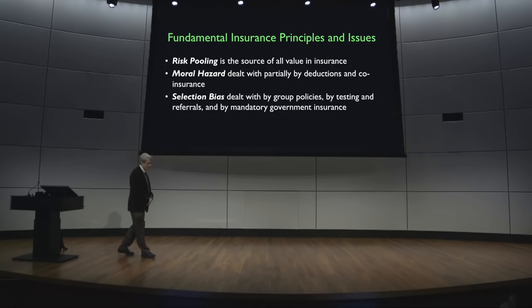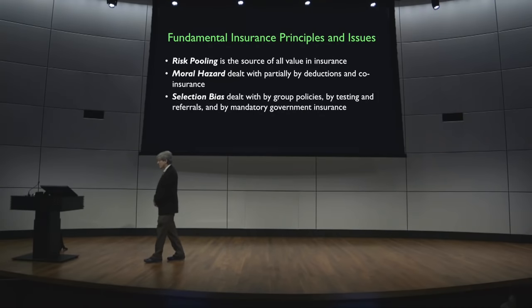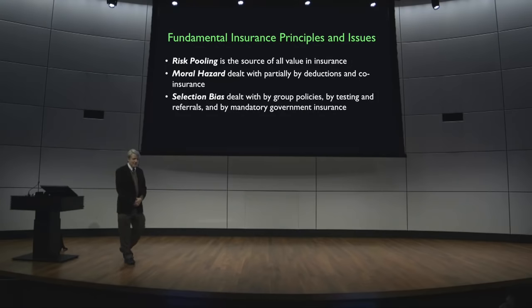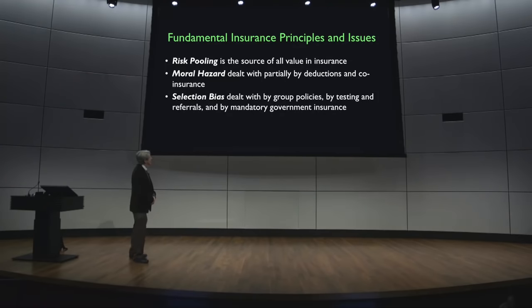And it can destroy an insurance business, because if people know that they're going to be sick, then only sick people sign up. The insurance has to be expensive, so healthy people won't sign up because they don't want to pay the expense. And so the whole thing collapses and doesn't work. So you have to deal with selection bias the best you can, by exams and disclosure, and also by making it mandatory.